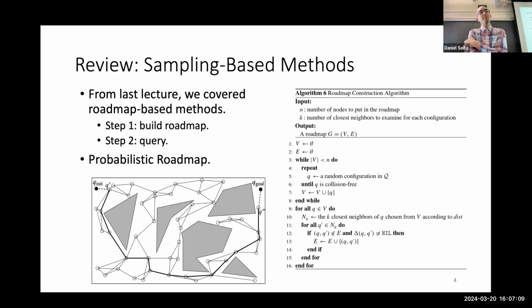All right, so again, the main issue with this is, step one could take a long time. So you might as well just think about, why don't we just build enough of this roadmap and then stop whenever we get from the start to the end point.